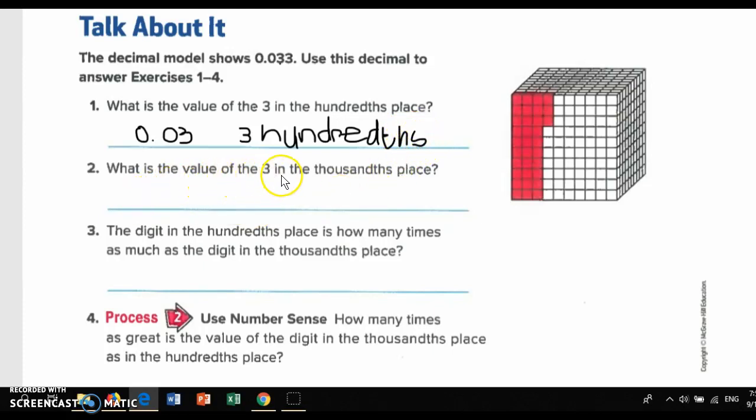What is the value of the 3 in the thousandths place? The value is 0.003. Or we can say it is 3 thousandths.